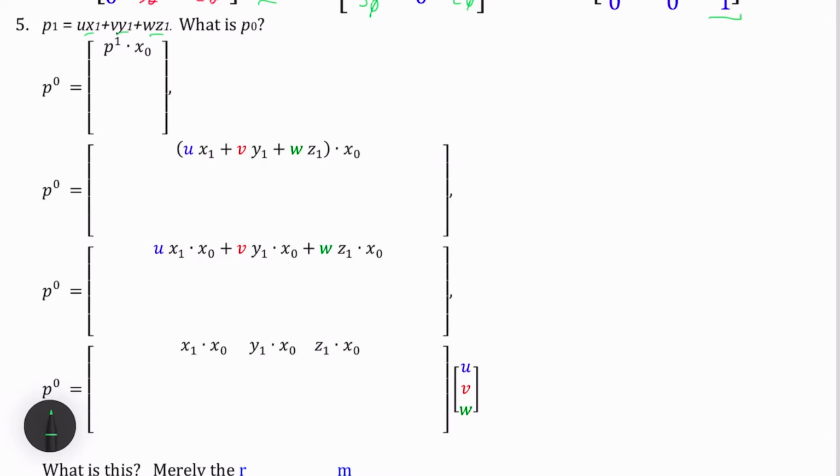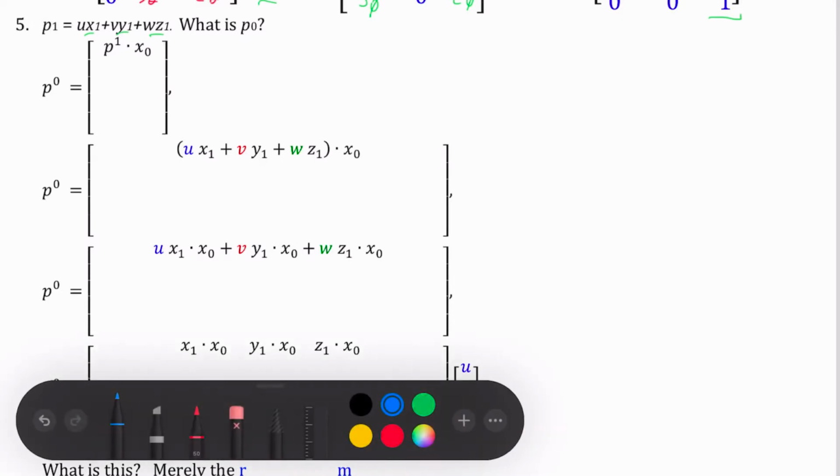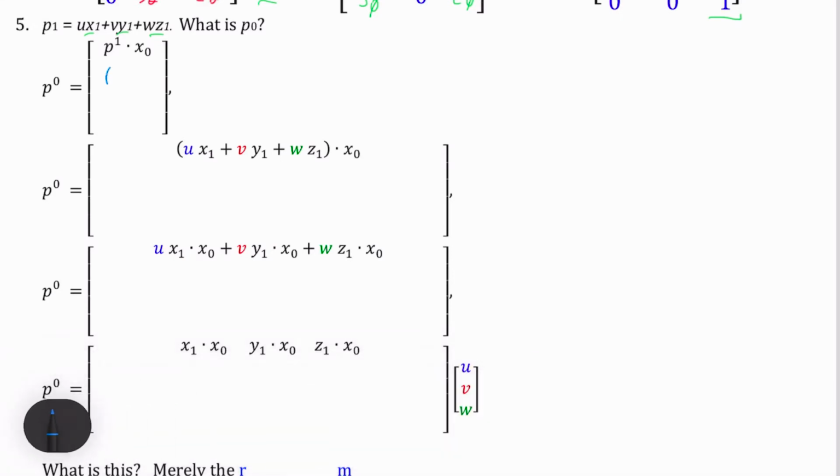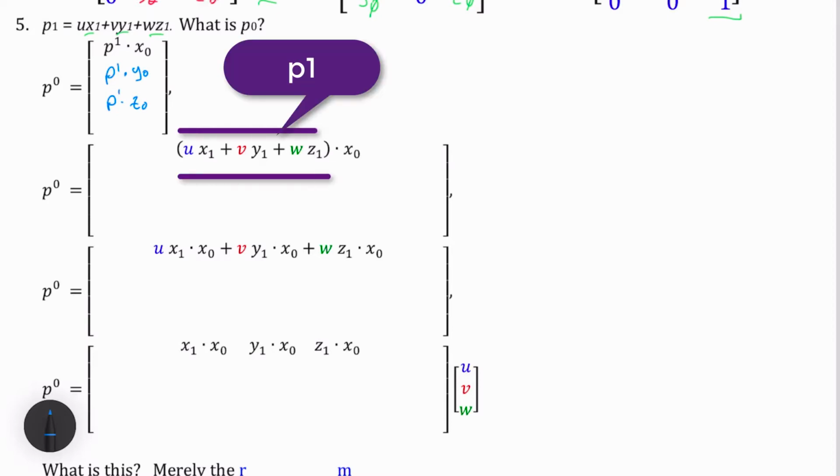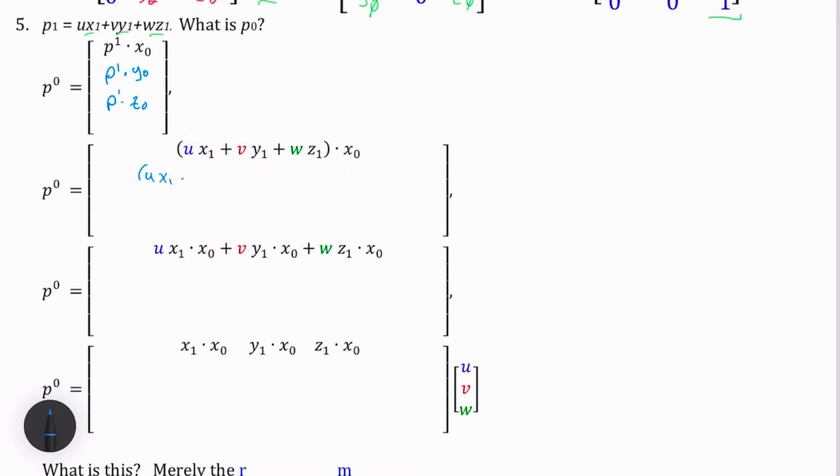P in frame 0 is just P1 dotted with x0, and P1 projected on y0, and P1 projected on z0. So P1 we have as our definition, and this UVW is dotted with x0. So we can do that same thing through here. It's also ux1 plus vy1 projected on y0, and the same thing.